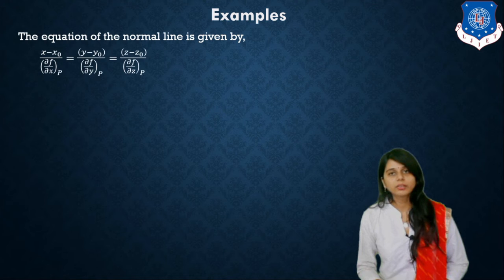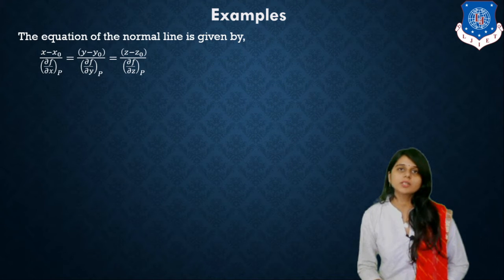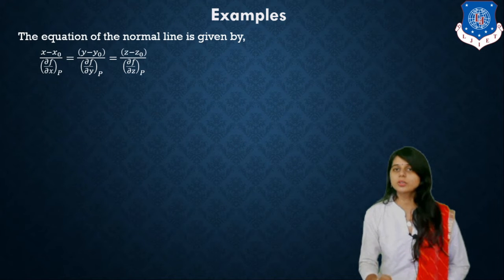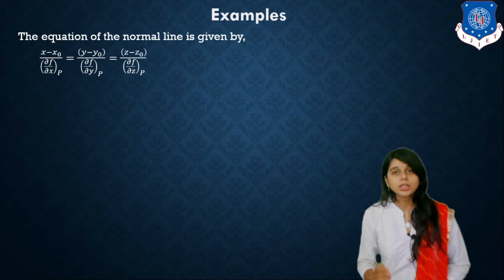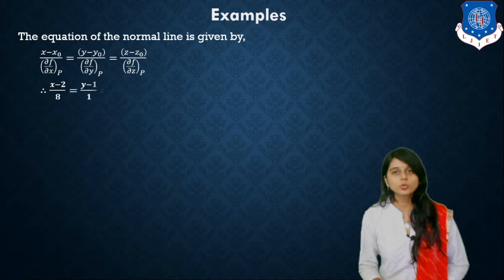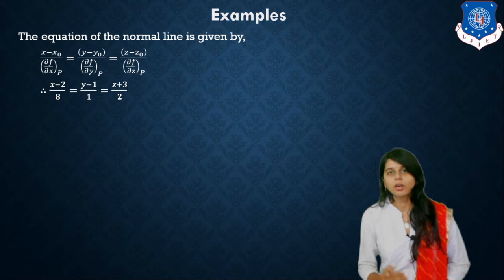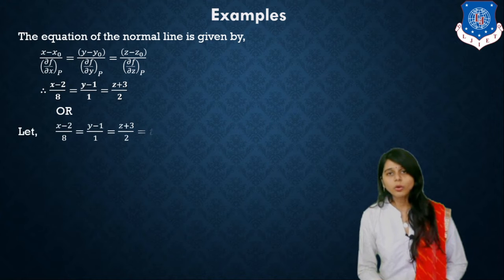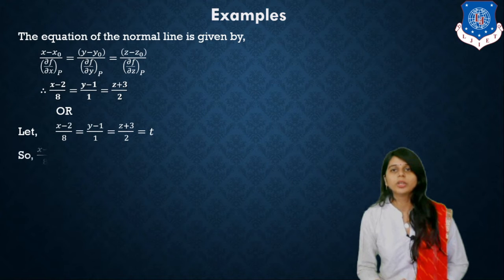Now for the normal line, (x minus x0) upon del f by del x at point P equal to (y minus y0) upon del f by del y at point P equal to (z minus z0) upon del f by del z at point P. What are x0, y0, z0? They are 2, 1 and minus 3, upon 8, 1 and 2, the values of del f by del x, del f by del y and del f by del z at point P. Or we write it as (x minus 2) upon 8 equal to (y minus 1) upon 1 equal to (z plus 3) upon 2 equal to t.